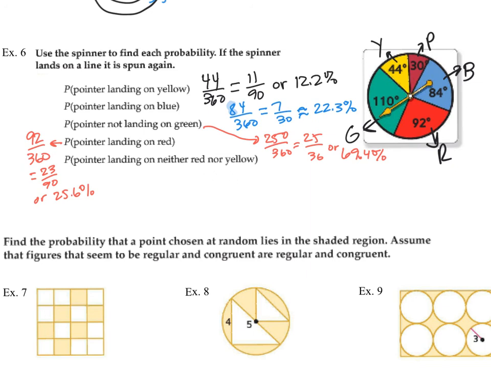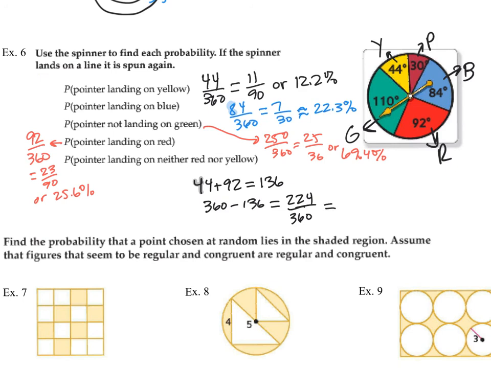And then last but not least, let's look at this last one, the pointer landing on neither red nor yellow, all right? So red and yellow together, that's 44 plus 92. Let's write this out. 44 plus 92 is 136, and then 360 minus 136 is 224. So the probability of the pointer landing on neither red nor yellow is 224 out of 360.